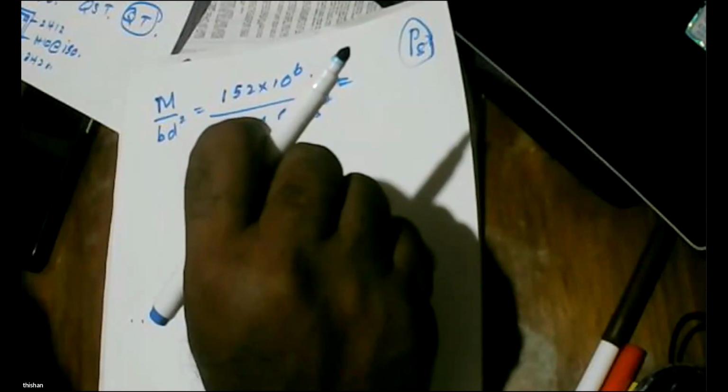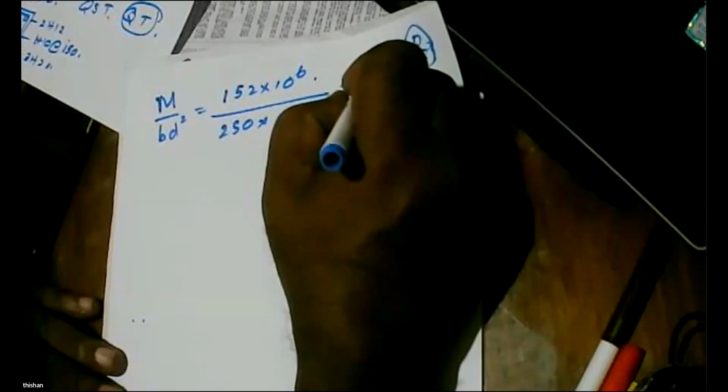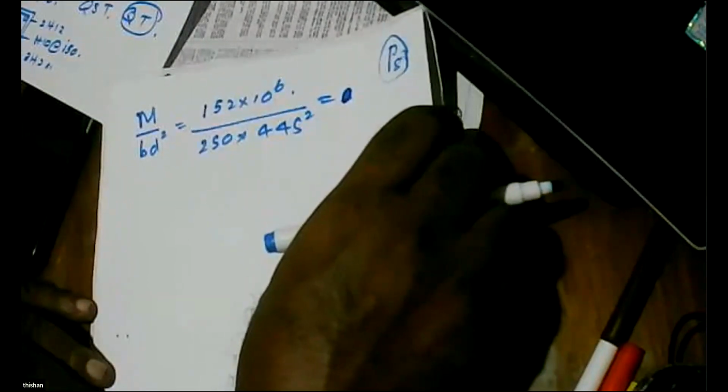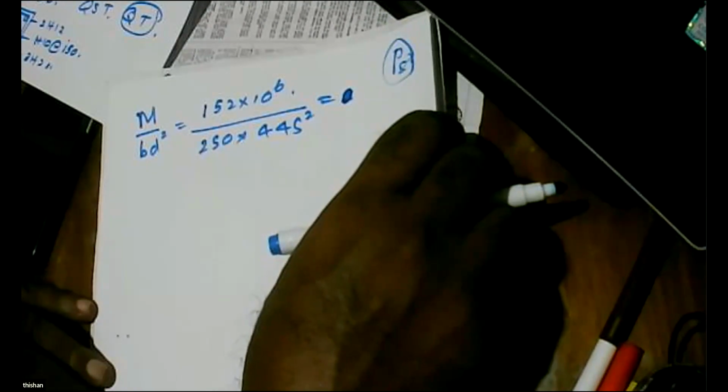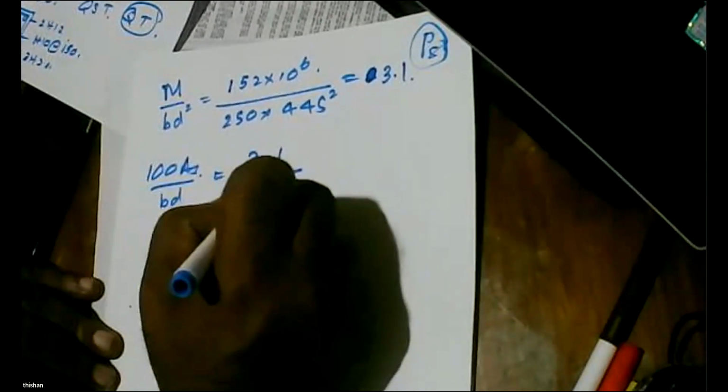Two something, 2.5, 3.07. Then I say 100 As over b d is M over b d squared divided by 4, 3.1 divided by 4.